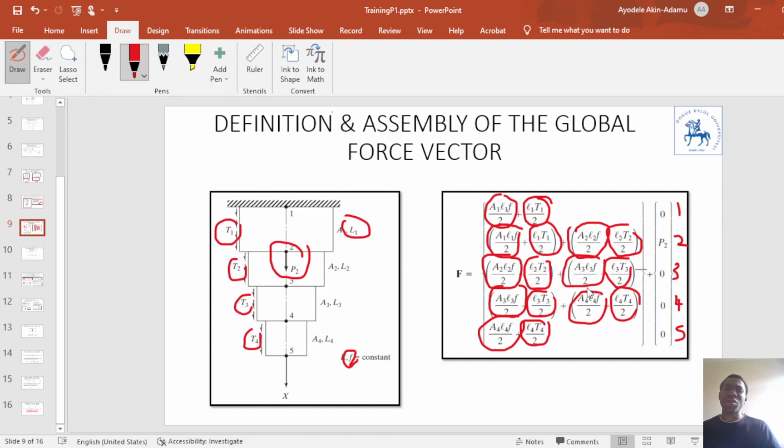In real life one-dimensional problems, the self-weight of the body is usually negligible compared to the point load, and we usually don't have a traction force. We only have a point load. So we don't normally deal with this part in one-dimensional problems; this is the part we normally deal with. This is how the global force vector is assembled for a one-dimensional problem using the finite element procedure.